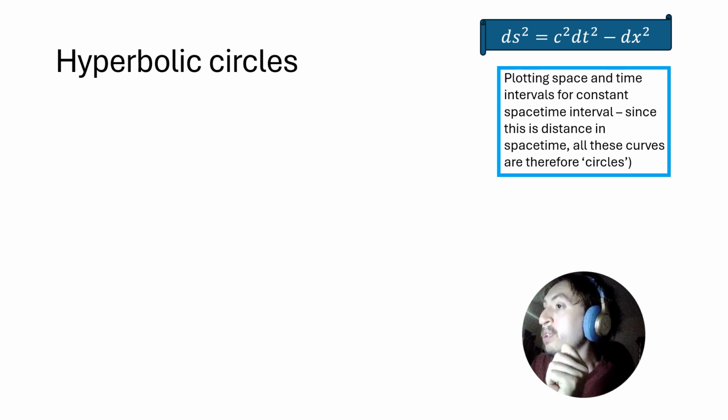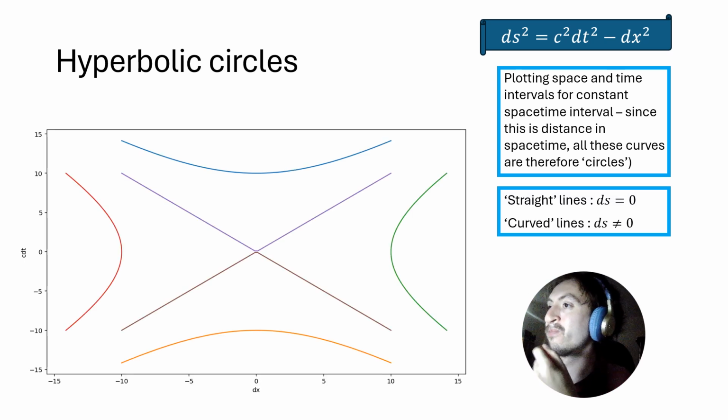And we can do this with our hyperbolic space-time, and we'll see very quickly why we called it hyperbolic, because it turns out that all of these lines or curves here are examples of circles, as strange as that might sound.